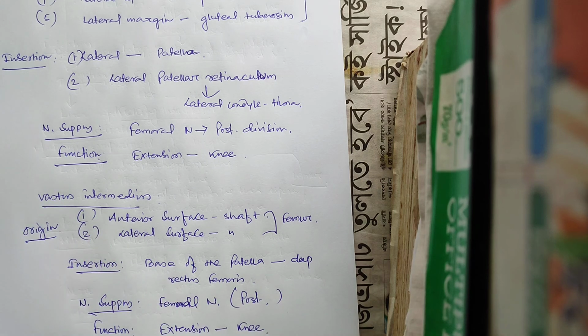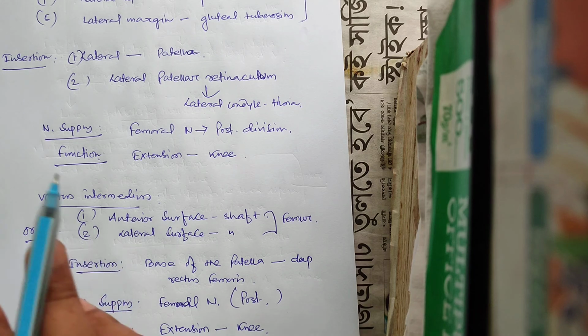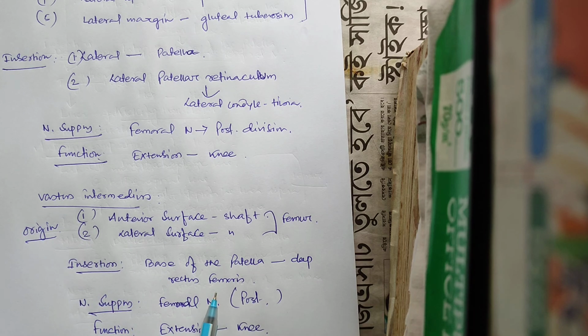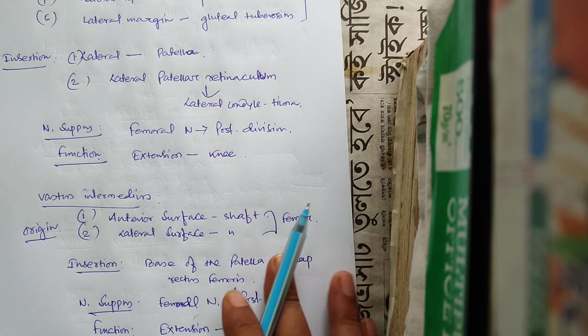So all the quadriceps group of muscles have the same function, extension of the knee joint, except the rectus femoris. And the nerve supply is the same, the posterior division of the femoral nerve, except the vastus medialis, which is supplied by the nerve to the vastus medialis.